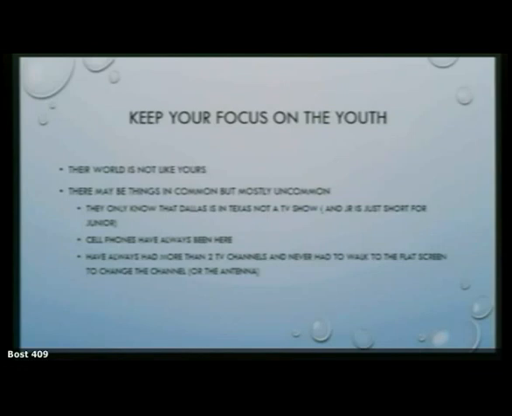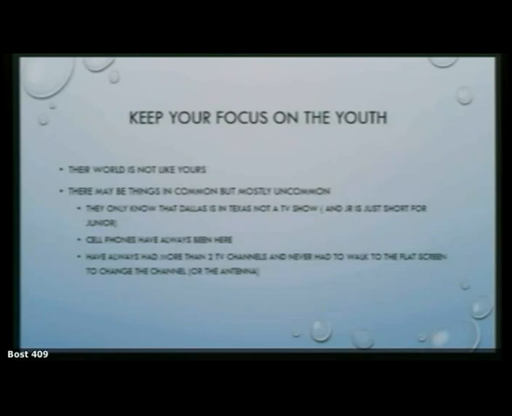For example, they only know that Dallas is in Texas, and it wasn't ever a TV show. They don't understand that. And JR is just short for Junior. Cell phones have always been here. Most will have never seen a phone on a wall in a home.